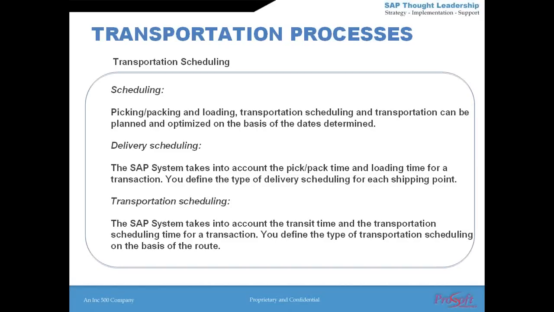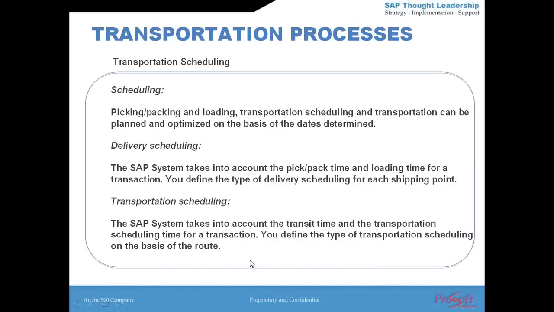That is where SAP's transportation module helps us to pick up various scheduling patterns depending upon the packaging, depending upon the load of the consignment, the size of the consignment, transportation routes, and we can take the delivery scheduling as a part of our process and take it into the transportation.